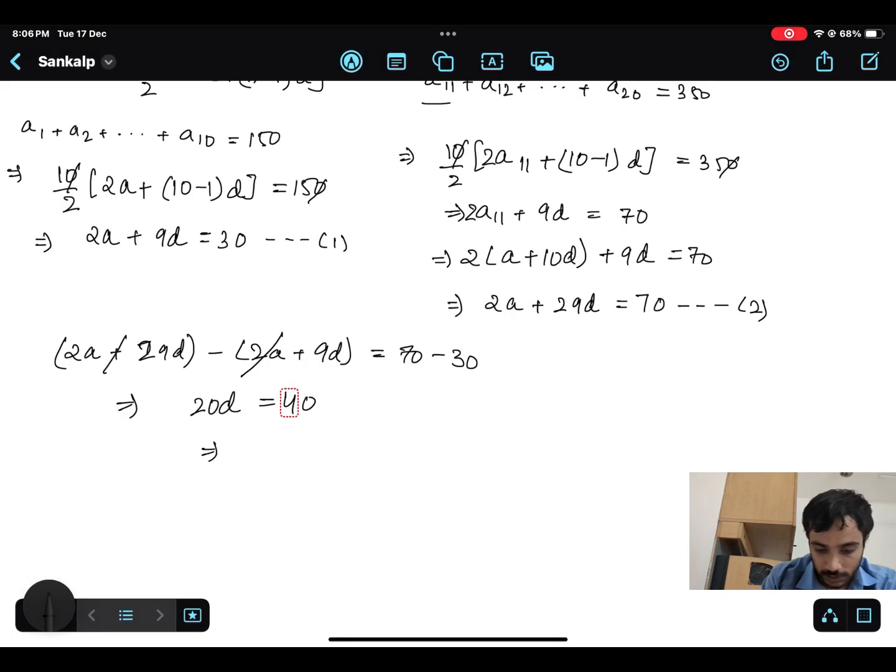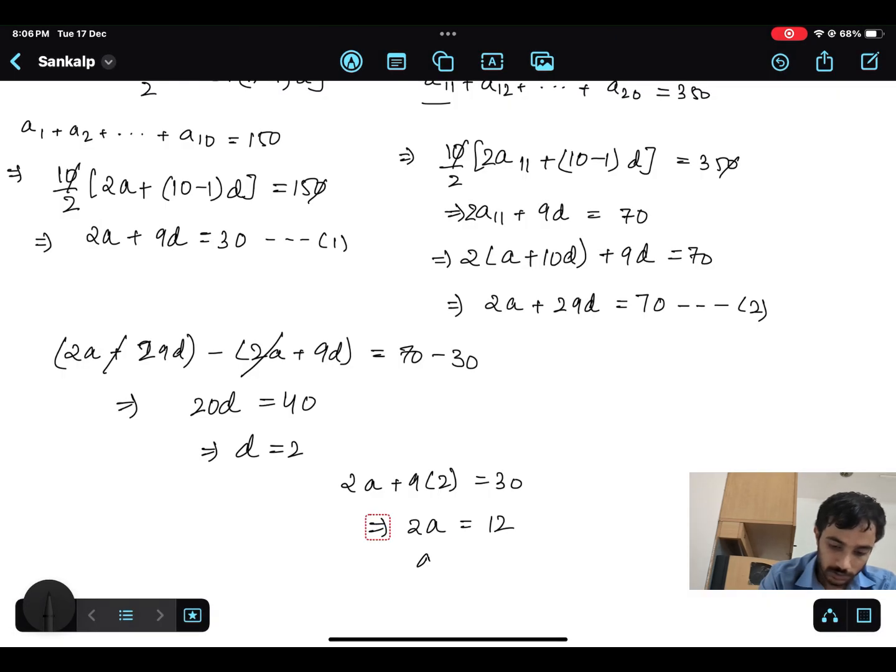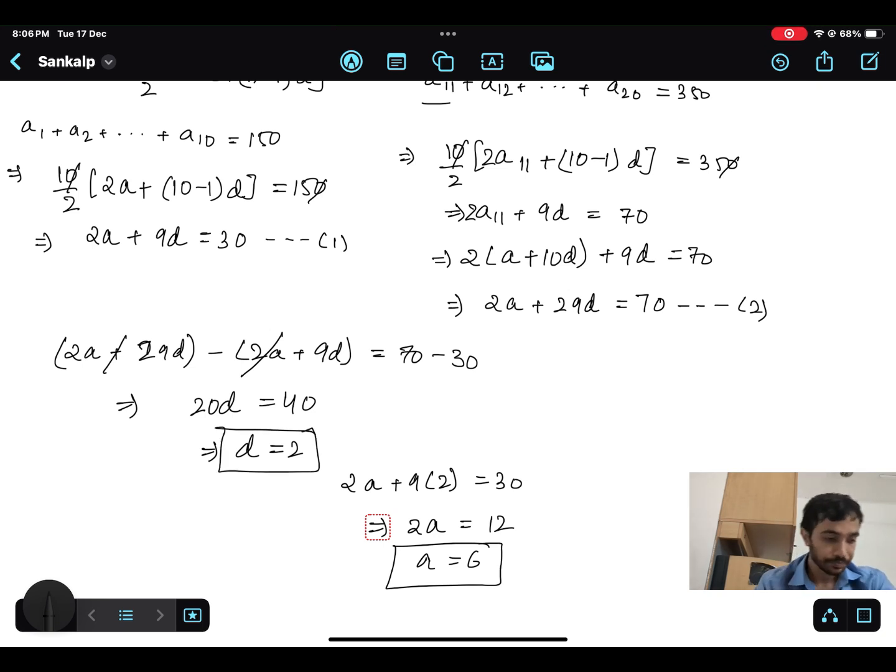So we'll get d equal to 2. If we substitute d equal to 2 in equation 1, we'll get 2a plus 9 into 2 equal to 30, which implies 2a is equal to 12 and a is equal to 6. So we'll get the first term as 6 and the common difference as 2.